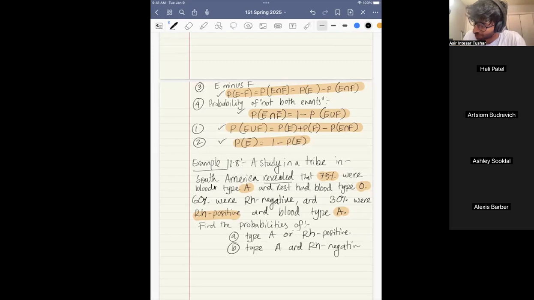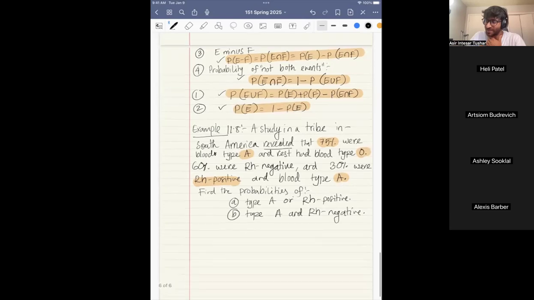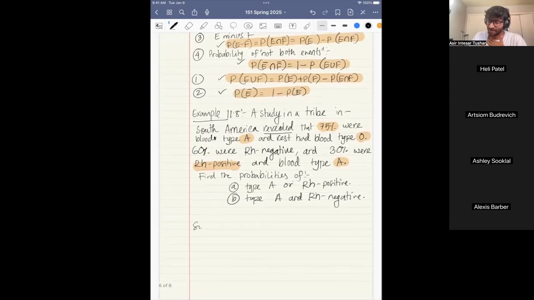Okay, at first we're gonna try to find these 2. There are like 4 of them, A, B, C, D. I don't know how much you can go through today. So I'm gonna try to find these 2 today.